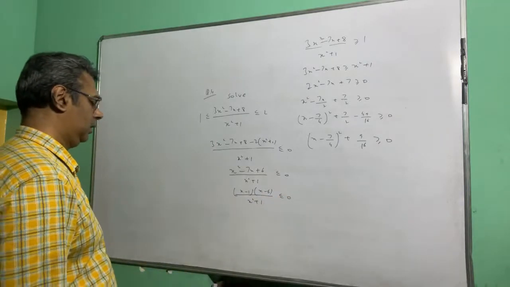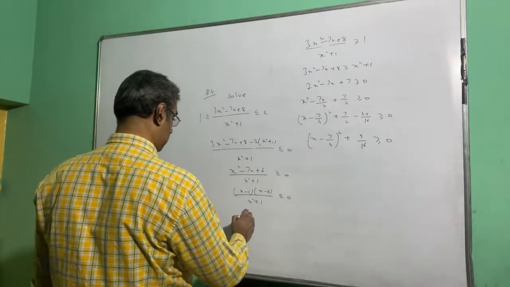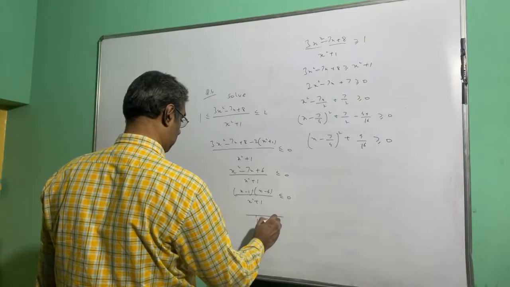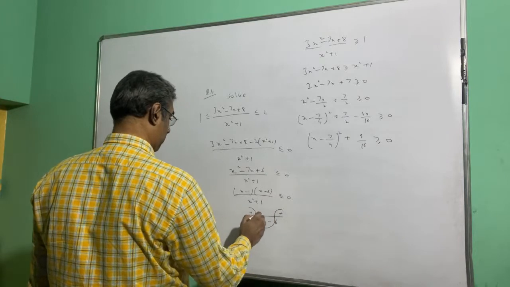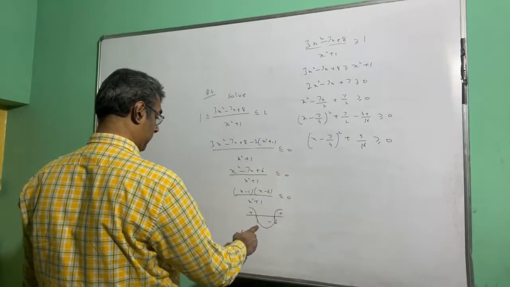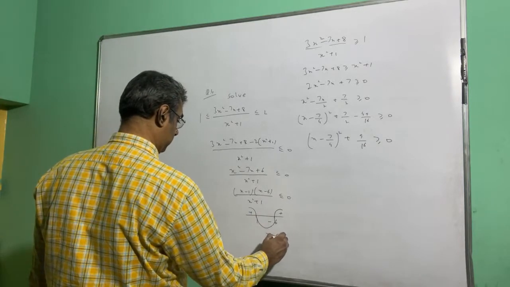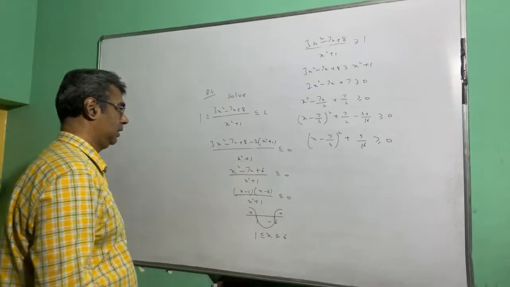So (x − 1)(x − 6)/(x² + 1) less than or equal to 0. Less than or equal to 0 means negative, so the answer will be x between 1 and 6.